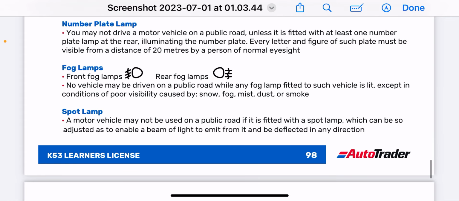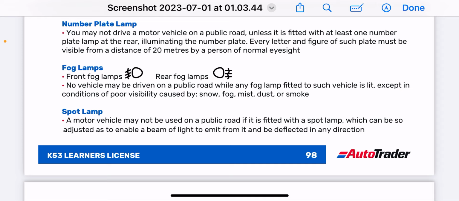And then you have the fog lamps, front fog lamps and the rear fog lamps. No vehicle may be driven on a public road while any fog lamp fitted to such vehicle is lit, except in conditions of poor visibility caused by snow, fog, mist, dust or smoke.